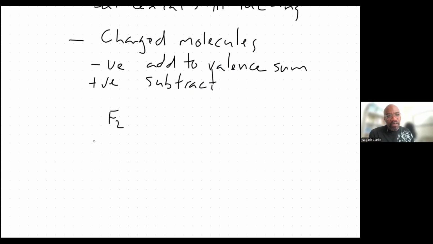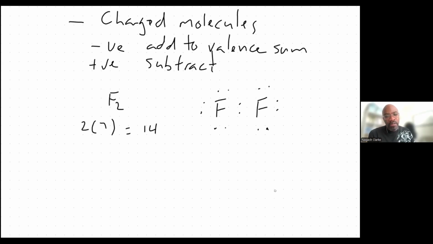The valence of fluorine is 7, so we have 2 times 7, that's 14 electrons.